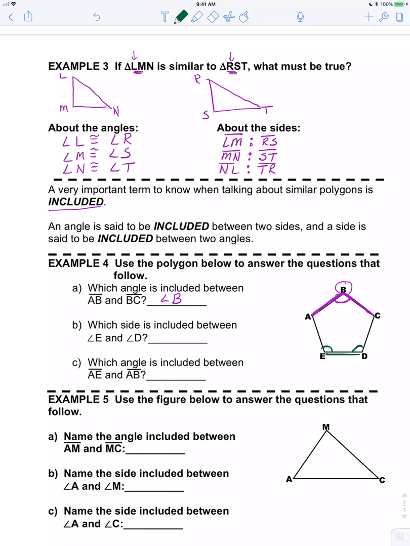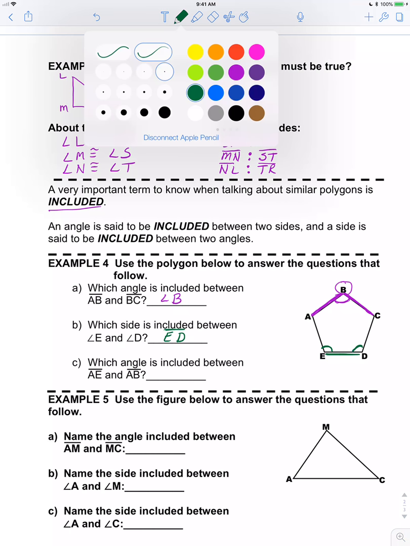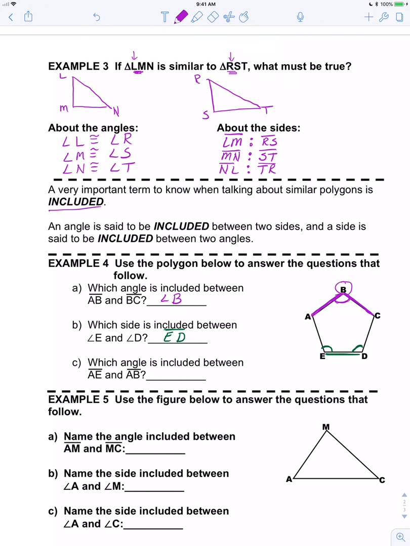Well, the only one they both touch is this one, and that is labeled as ED. So which angle is included between line AE and AB.